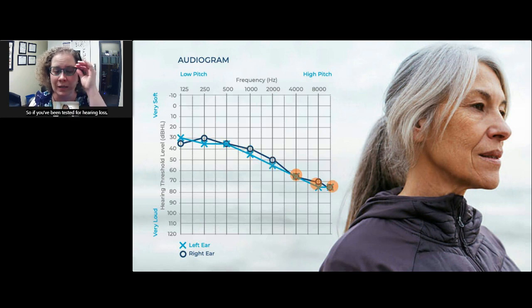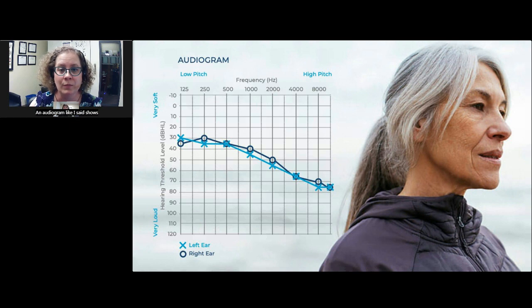So if you've been tested for hearing loss, you have received this picture, and the audiologist, like myself, has reviewed the results with you. Or maybe you were told that you have a mild or moderate hearing loss at the higher frequencies. Everyone's audiogram is different. Everybody's audiogram configuration and degree of hearing loss is different.